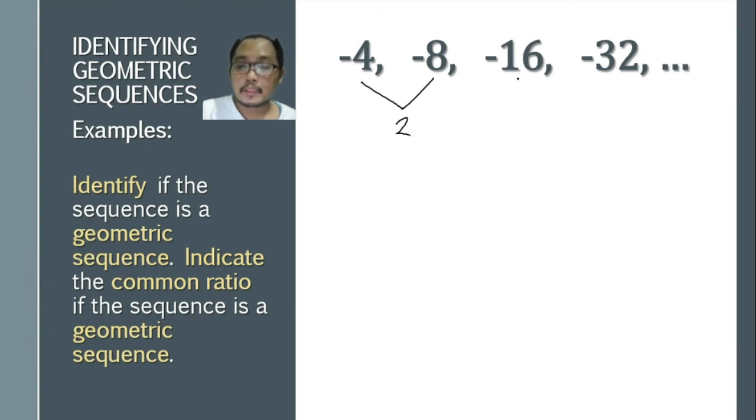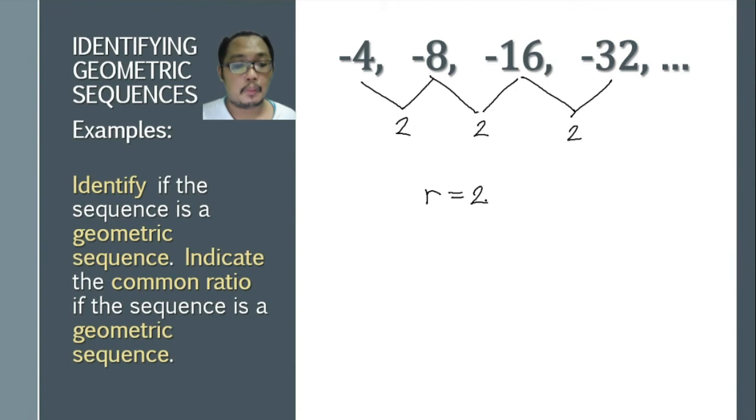And if we do the same with the negative 16 divided by negative 8, the answer will also be 2. Since all of these numbers are the same, then the common ratio is equal to 2. And this is an example of a geometric sequence.